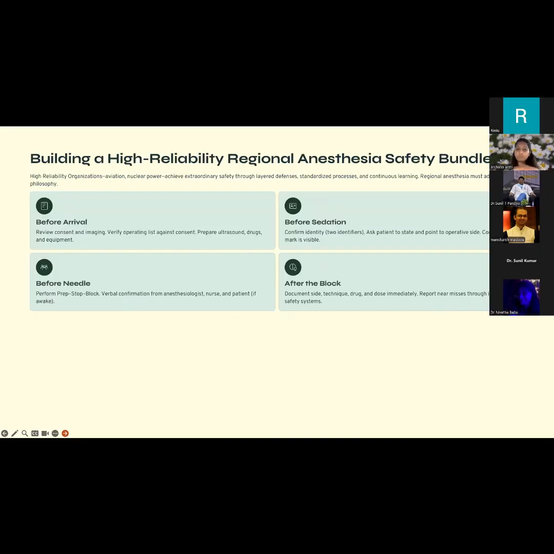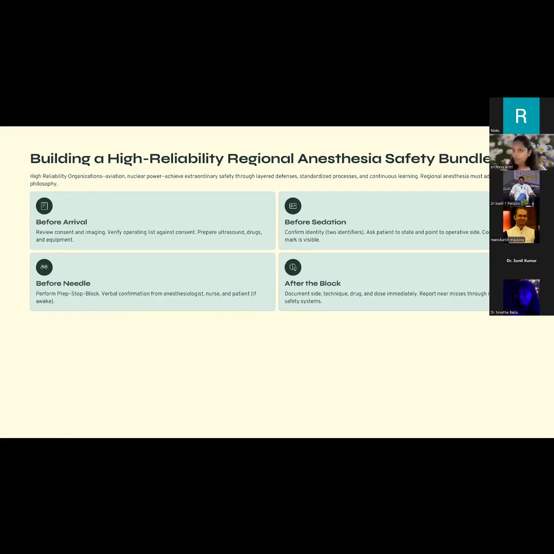So building high reliability. This is based on your own systems, your own hospitals that you are operating in, or whatever the environment that you're placed in. You review the consent and imaging before arrival of the patient, verify the operating list, and prepare all the equipment according to your ergonomics.